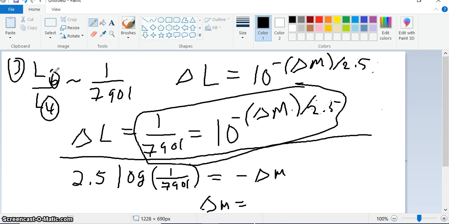In other words, it's going to increase the absolute magnitude by 9.74. Remember, an increase in absolute magnitude means it's going to be a much dimmer object. So that's the change in absolute magnitude.